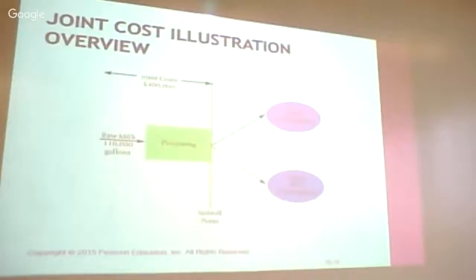All right, so joint cost here, we're processing raw milk, and we have 110,000 gallons of raw milk. The joint processing cost would be $400,000, and then we have the split-off point. And then the split-off point takes that raw milk and develops it into cream, and then skim, liquid skim. Now, you notice something. What do you notice? Yeah, okay.